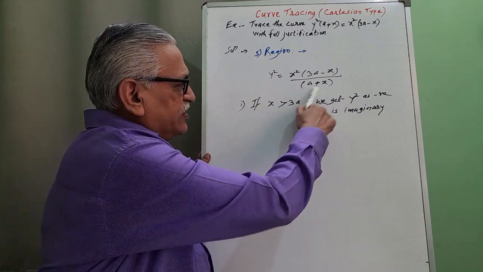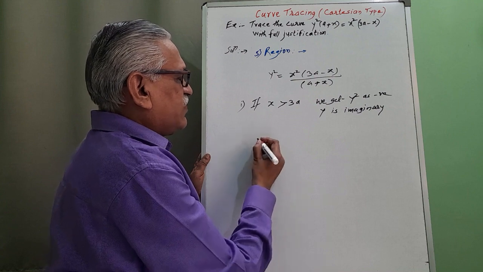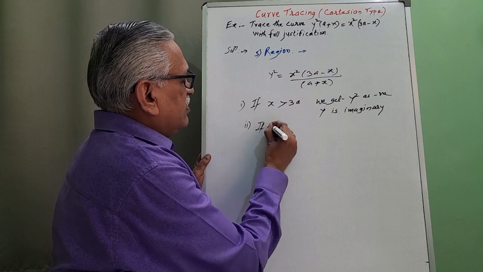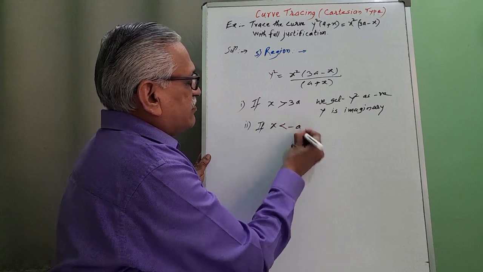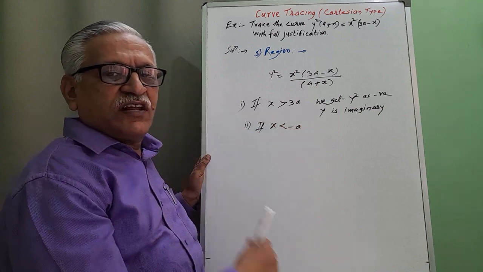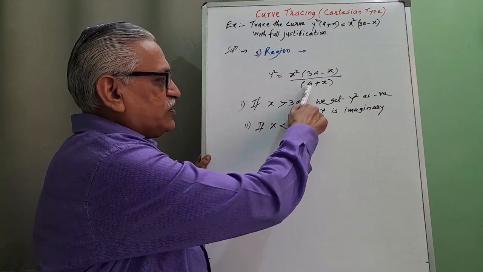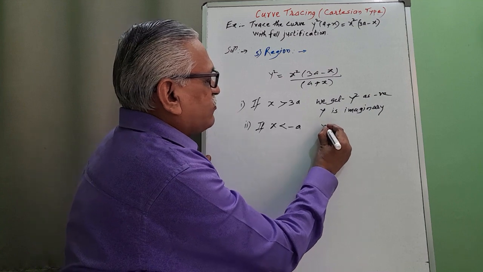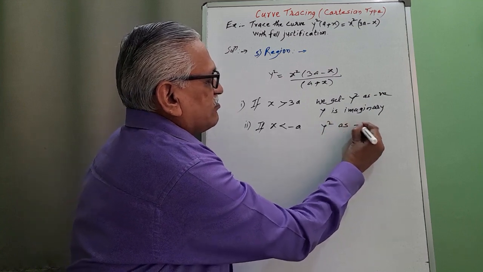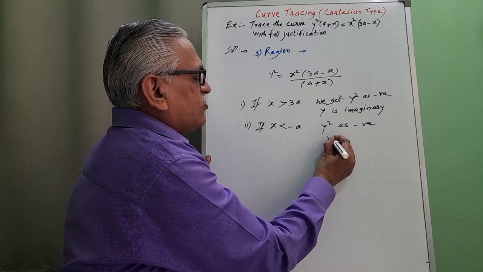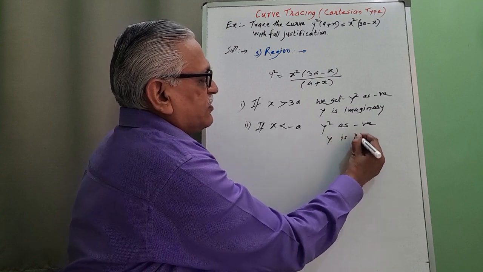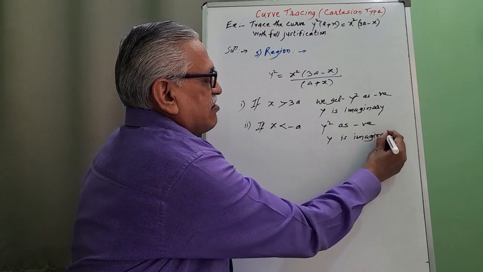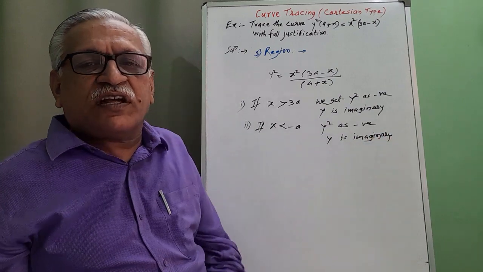Then we consider the second, a plus x. If x is less than minus a, any value less than minus a, suppose minus 2a, therefore a minus 2a we get negative, y square as negative, and therefore root of that negative is once again imaginary. Means the curve does not exist.